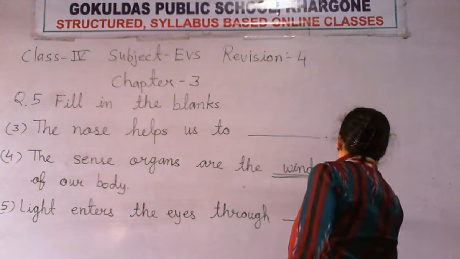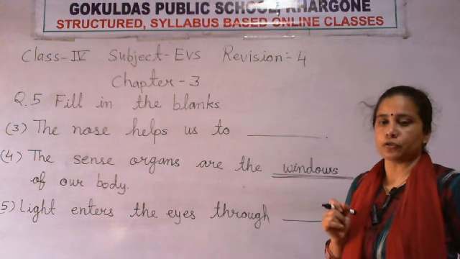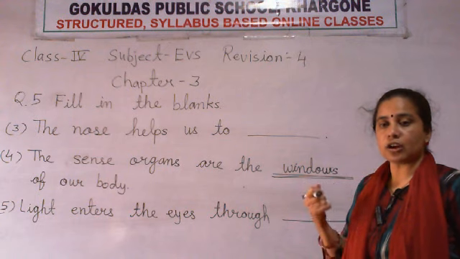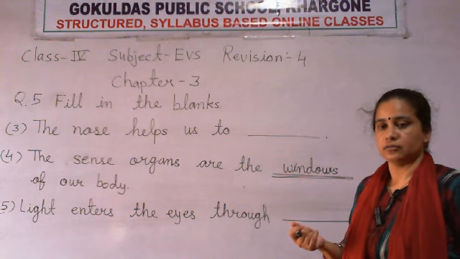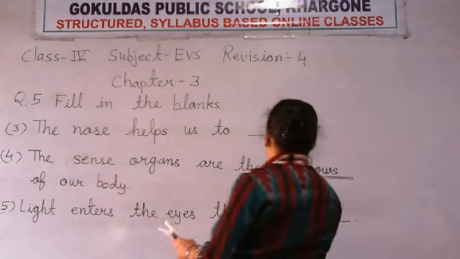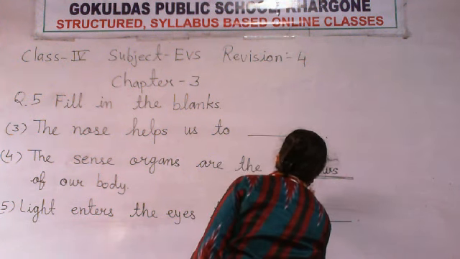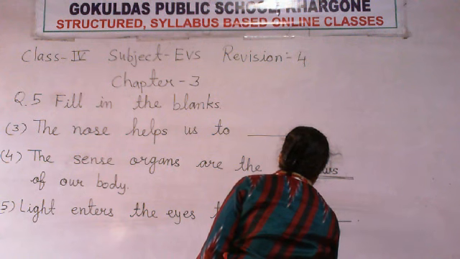When the light enters inside your eyes, which organ helps? That is the pupil. Through the pupil, light enters inside your eyes.